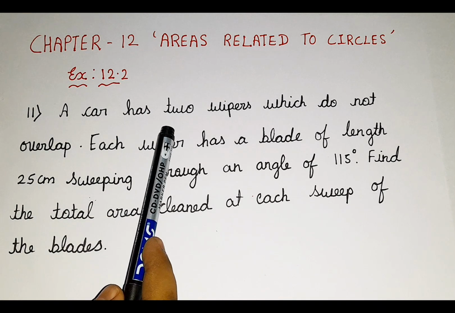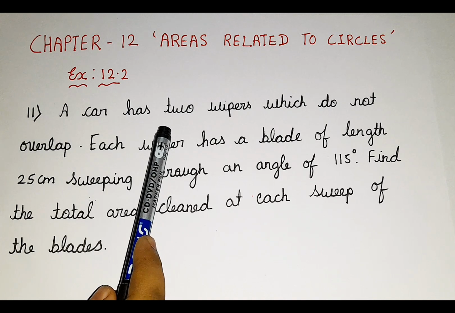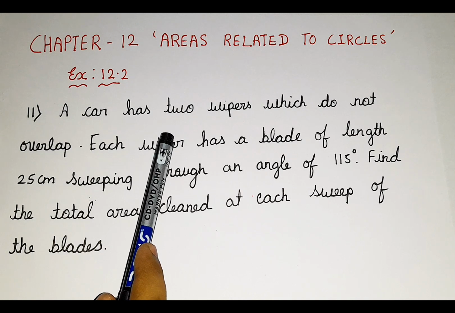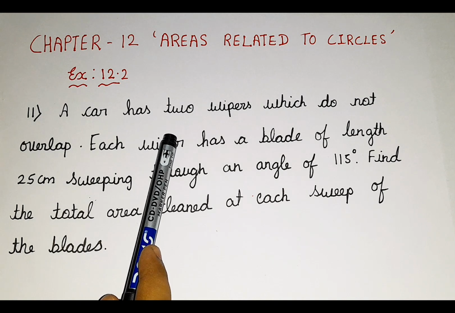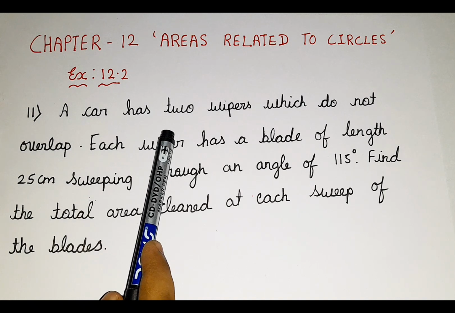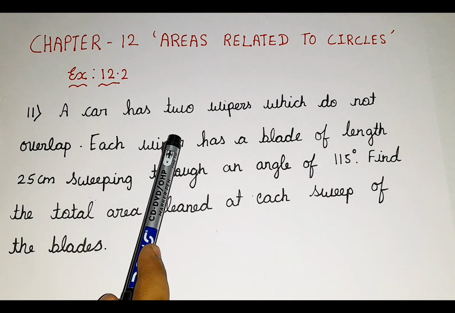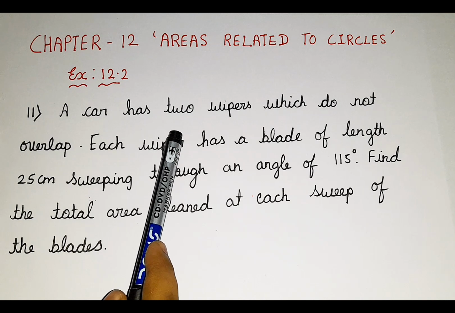During the rainy season the glass becomes somewhat moist or misty, so we won't be able to see the road properly. Just to see the road clearly, we use the wiper. Otherwise the glass will be filled with mist and we can't see the road, isn't it? So that's why we use the wipers.